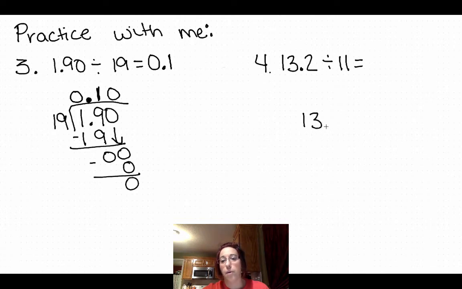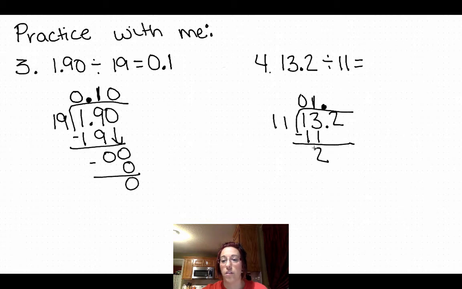So we set up our problem. Dividend goes on the inside, divisor on the outside. Decimal comes straight up to the top, and let's see where we go. 11 will not go into 1, but it will go into 13 one time. 1 times 11 is 11.